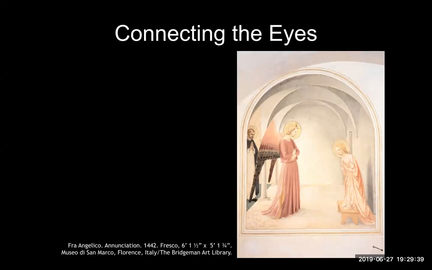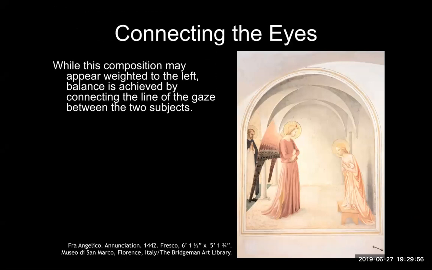So here's an example of an asymmetrical design, but there is balance achieved because the artist is drawing our eye around this composition and doing it in a number of different ways.